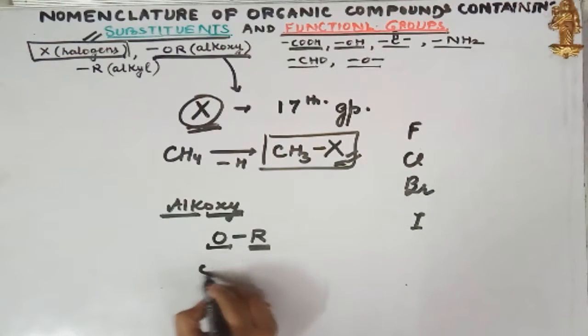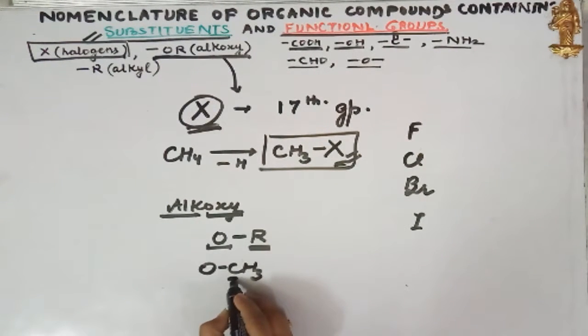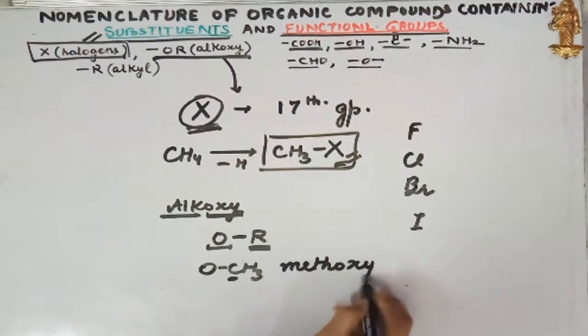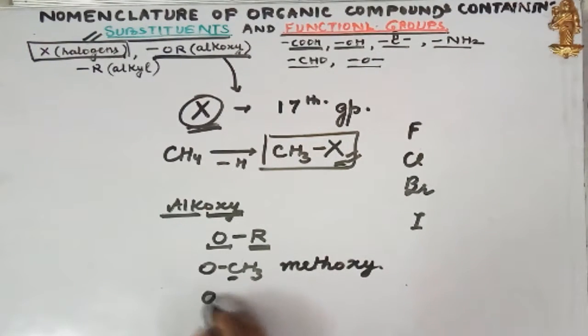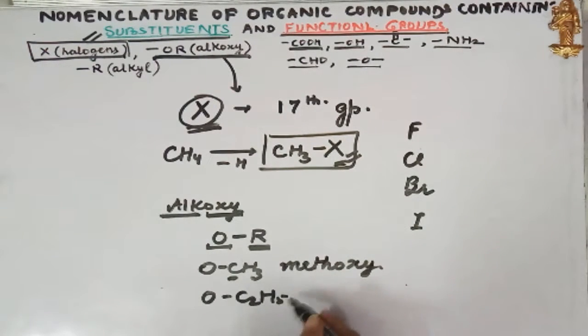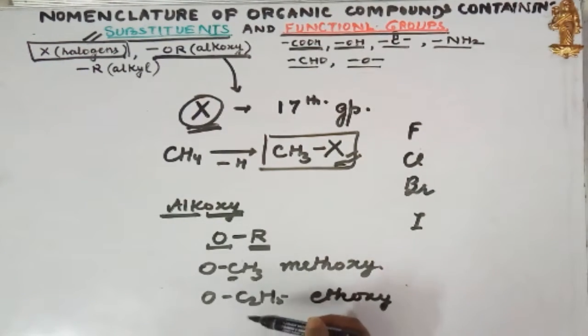Like if it is OCH3, I'll name it methoxy because it contains one carbon. If it contains 2 carbon atoms, I'll name it as the ethoxy group. And in the same manner, we'll have methoxy, ethoxy, propoxy, butoxy and many more.